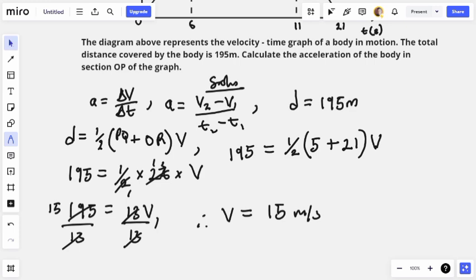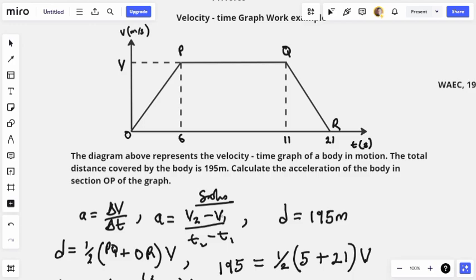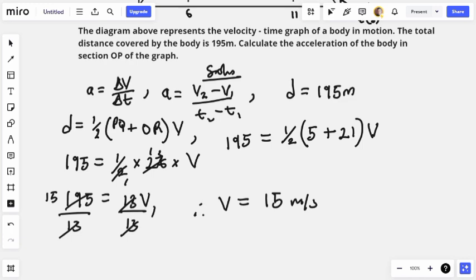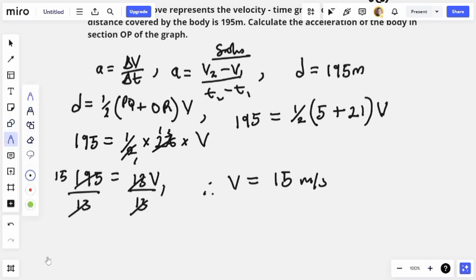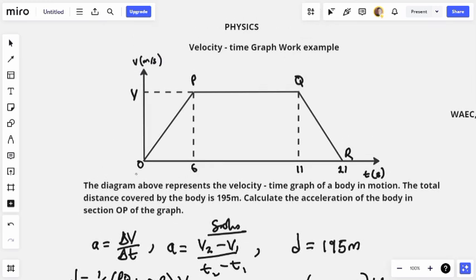However, we were not asked to find the velocity. We were asked to find acceleration of the point OP. So our acceleration A is change in V over change in T. Our change in V is our maximum V, 15 minus 0, while our T is 6 minus 0.